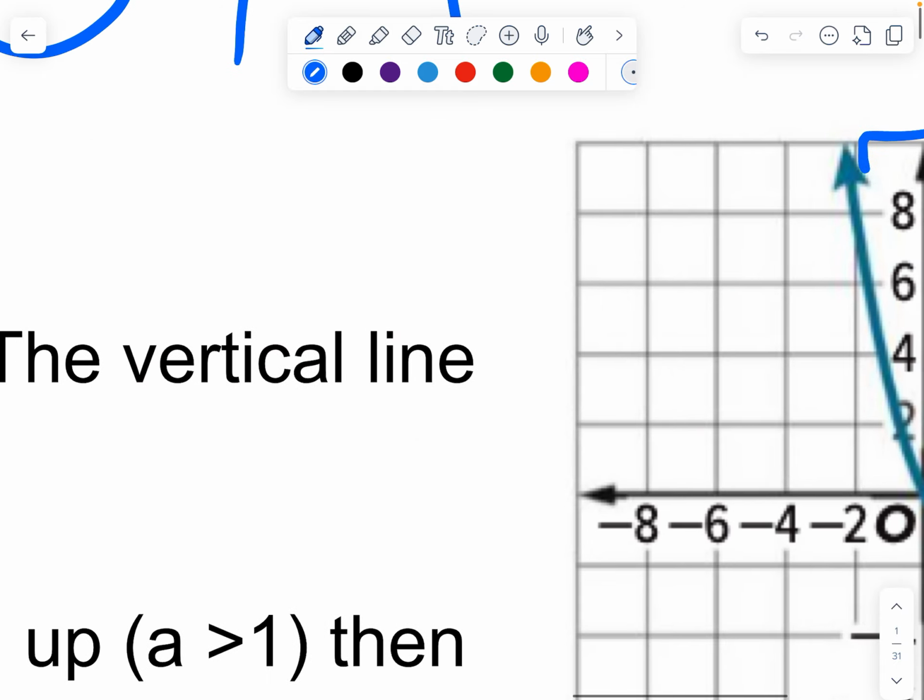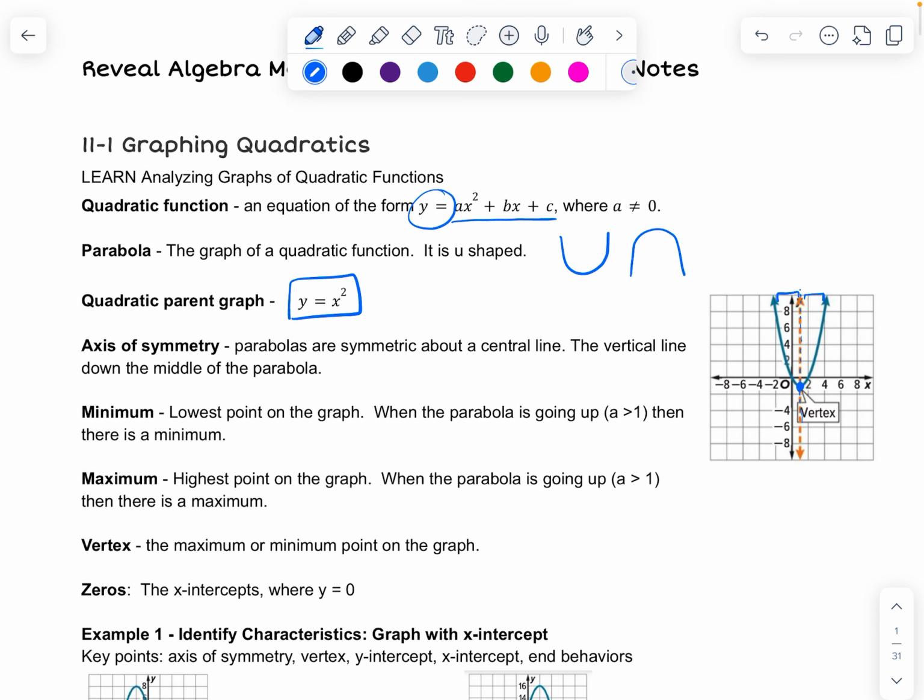So it's symmetrical. This point right here would be a minimum point. If it's up here, this would be a maximum point. The vertex is the point where it changes direction.